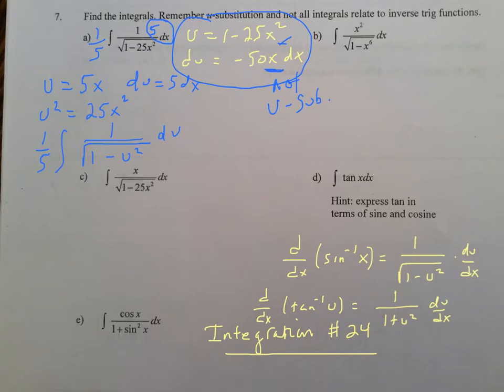So that integral is going to be 1/5 sine inverse of u plus c. We started out with the integral in terms of x, so I need to end up with it in terms of x. So u is just 5x plus c.